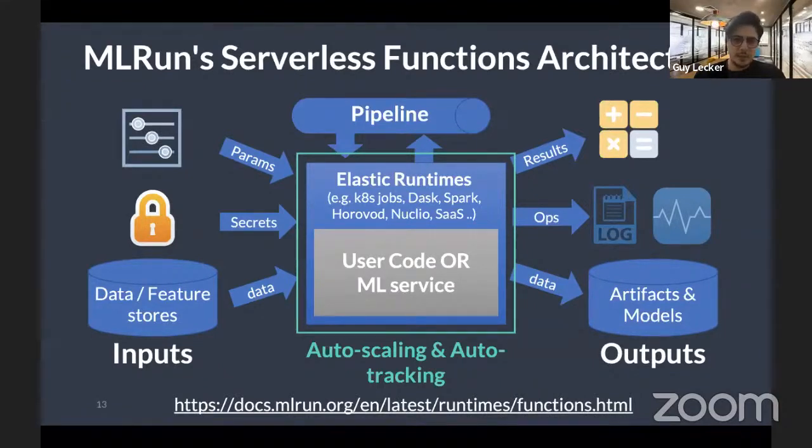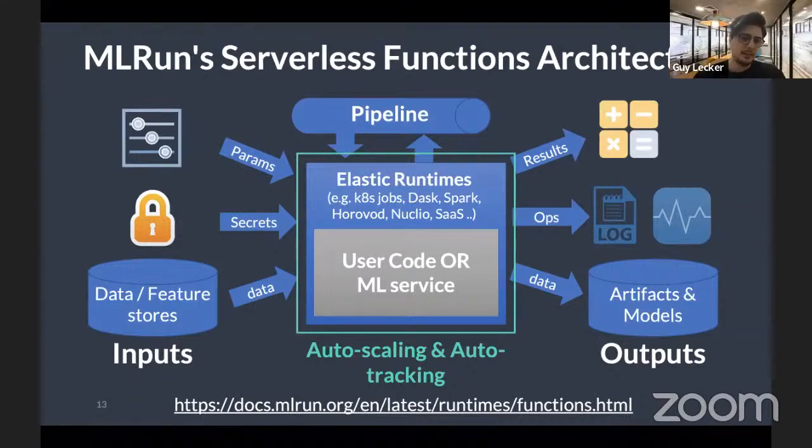Now this function can be of type Kubernetes job, it can be local, it can be a Nuclio, it can be OpenMPI, and so on. And once you have this function, you can now run it remotely, locally, wherever you like.